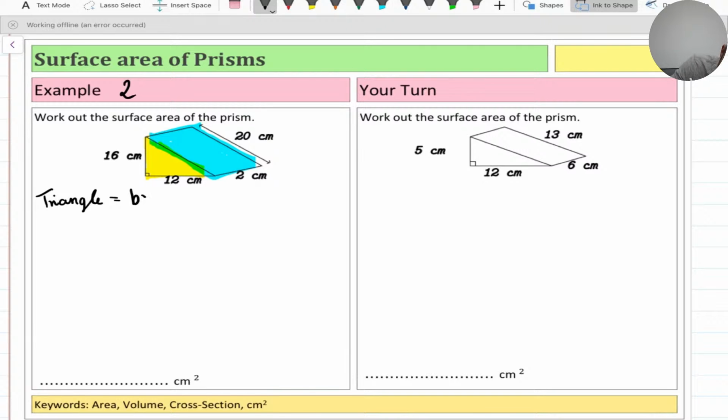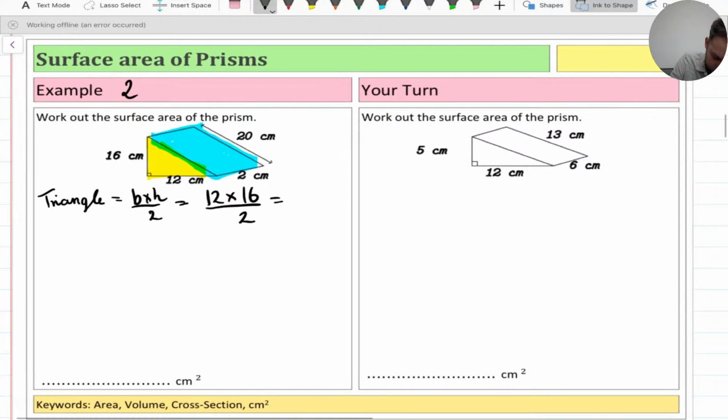So it's going to be base times by height divided by 2. So it's going to be the base, which is 12, times by the perpendicular height, which is 16, all divided by 2.